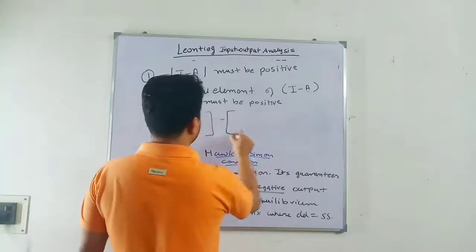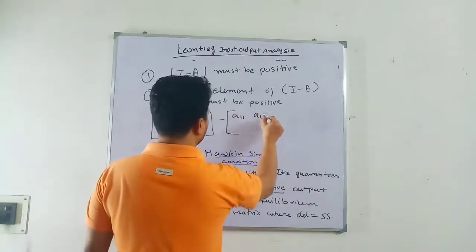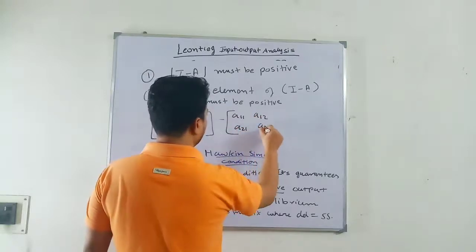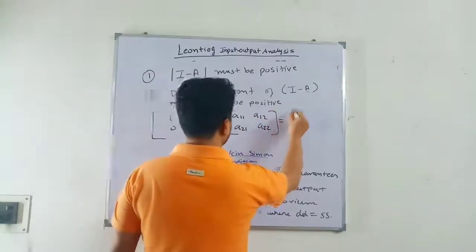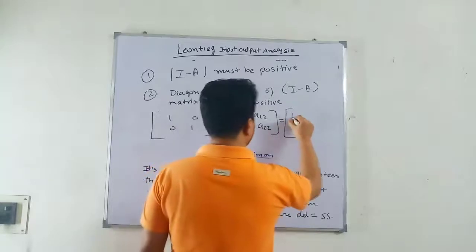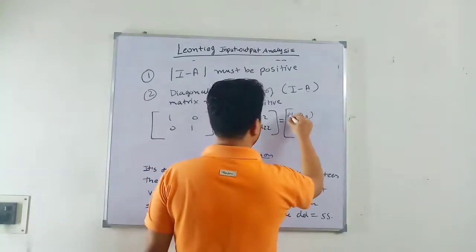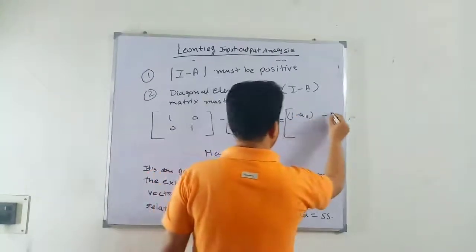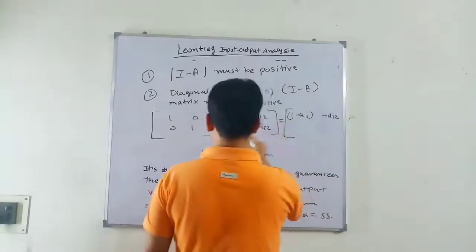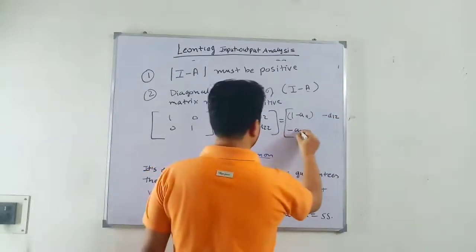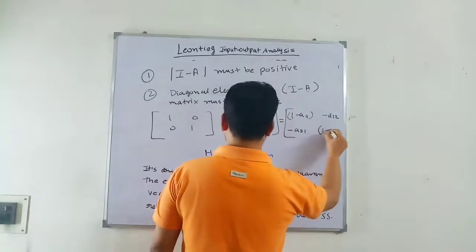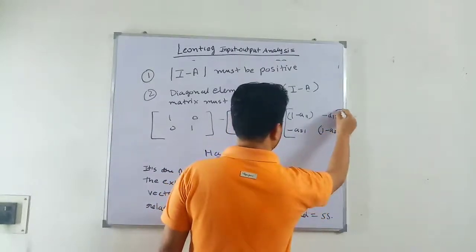This is A11, A12, A21, A22. This will be 1 minus A11, minus A12, minus A21, and 1 minus A22.